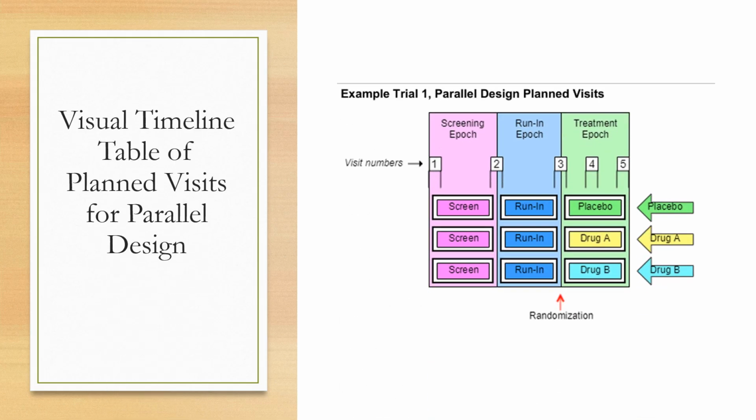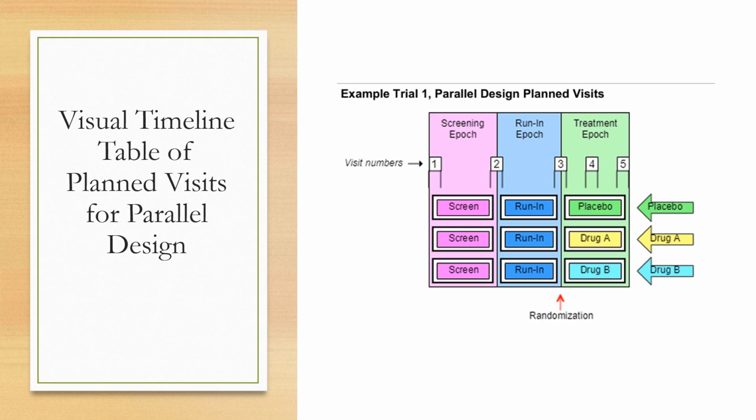Now let's see the structure of a study which is a parallel design study, and what the structure of the visits will be here. What I'm showing you right now is the structure of a parallel study in which there are three epochs, that is the screening, run-in, and treatment.